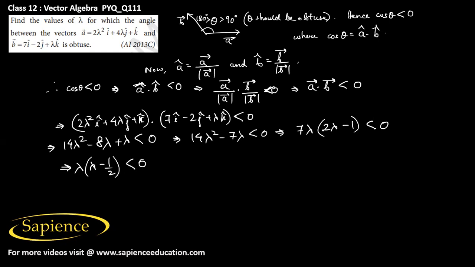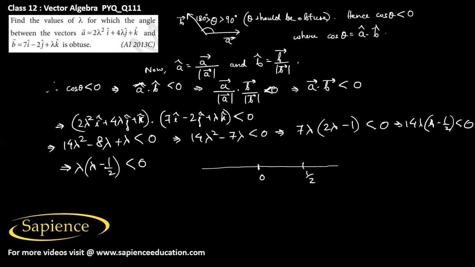From here we can take 2 as common outside, so we get 14 into lambda into lambda minus 1 by 2 less than 0. So lambda into lambda minus 1 by 2 should be less than 0. Here the critical points are lambda equals 0 and 1 by 2.